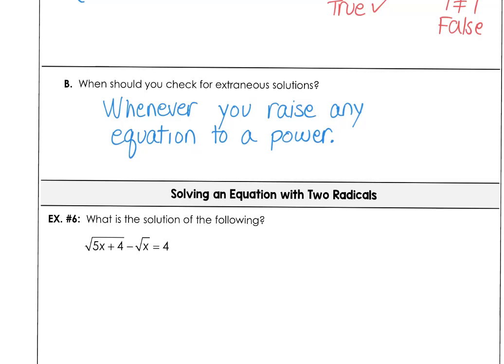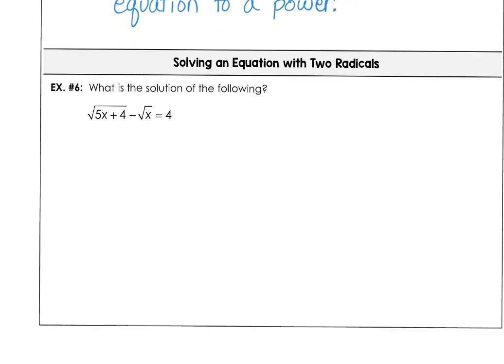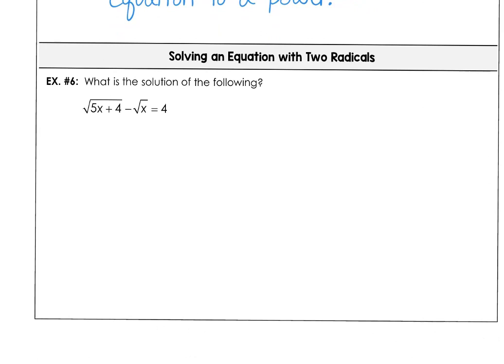In example 6, we're going to solve an equation with 2 radicals. So that can be a little bit tricky. You have to just be careful. We got square root of 5x plus 4. So I'll want to isolate one radical, and we can do that by adding the square root of x to the right side. And next we want to square both sides since the index is 2.